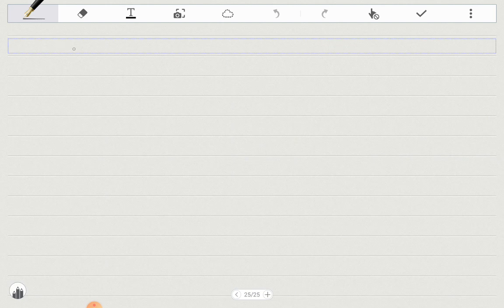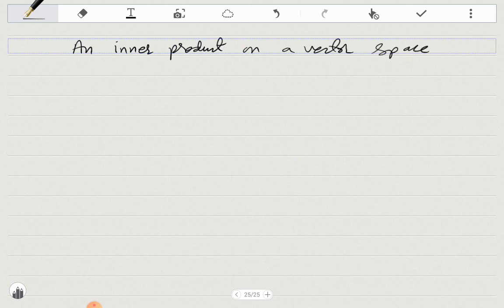So an inner product on a vector space is a function, which I'll denote by this kind of bracket, from V cross V, where V is the vector space, to R.